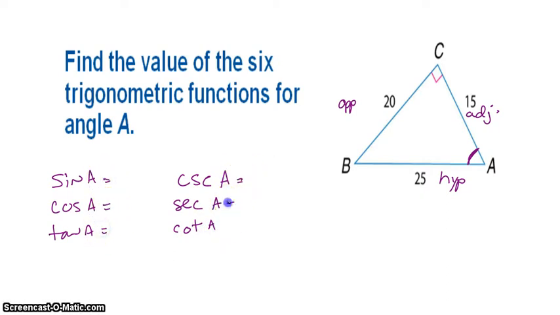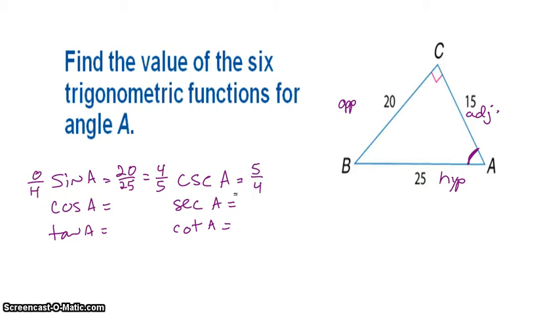It's technically improper, but if you leave it out and give me all the ratios according to the right angle, we'll be good. So, remember sine, SOH, opposite over hypotenuse, so 20 over 25. 5 goes into both of those, so I will simplify. And then for cosecant, all I have to do is flip it around.